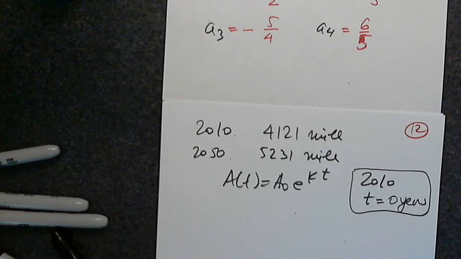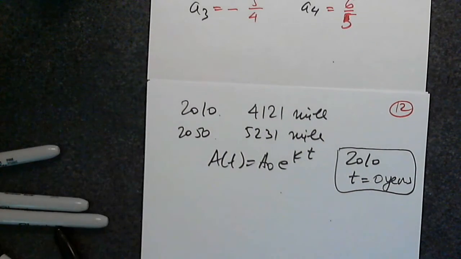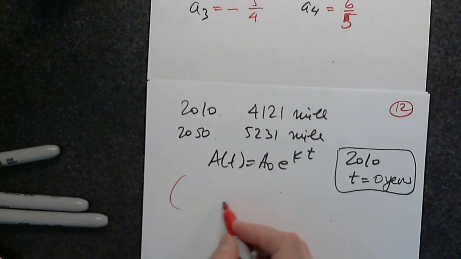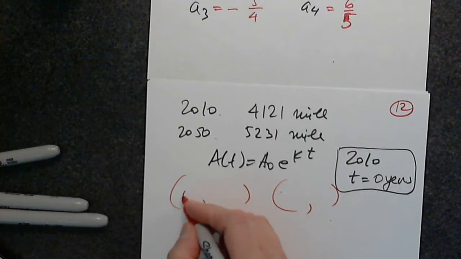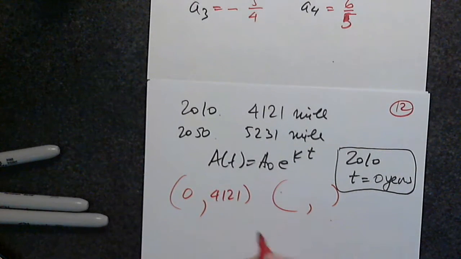Okay, what is given to us in this problem? We're given 2 points, like we were given 2 points half an hour ago, right? And what are those 2 points?